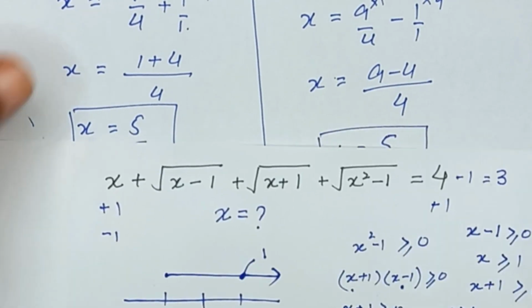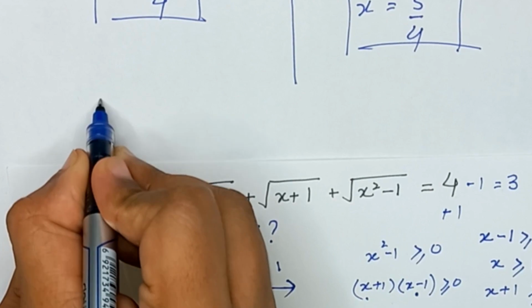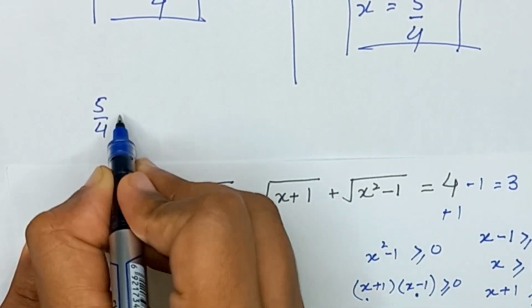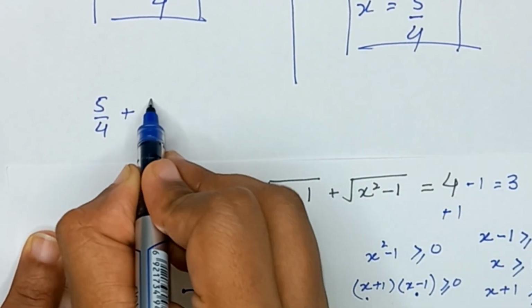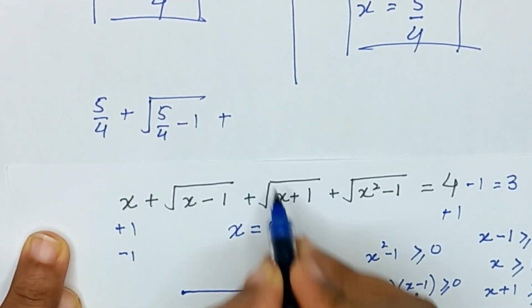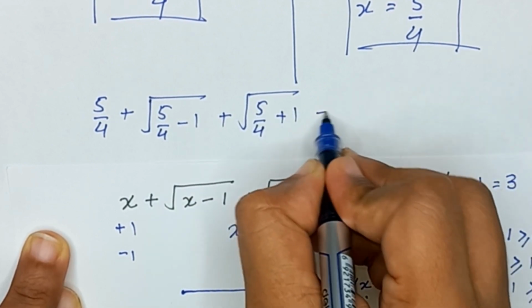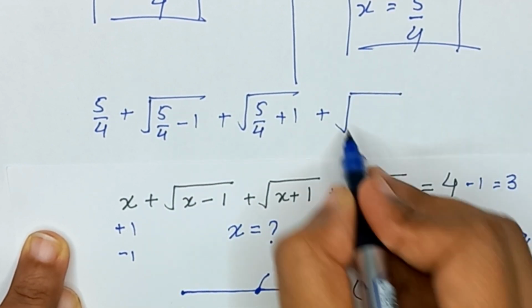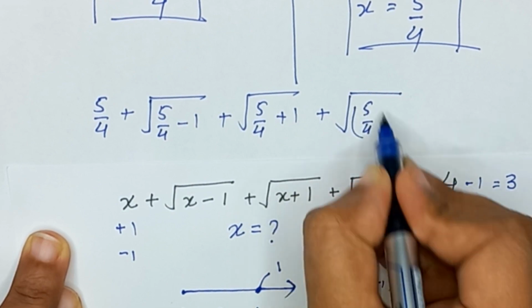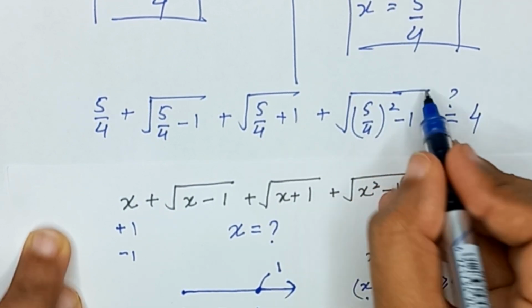So we will substitute here. x is 5 divided by 4 plus square root of x means square root of 5 divided by 4 minus 1 plus here square root of 5 divided by 4 plus 1 plus square root of (5 divided by 4) square minus 1, and we have to check that it will be equal to 4 or not.